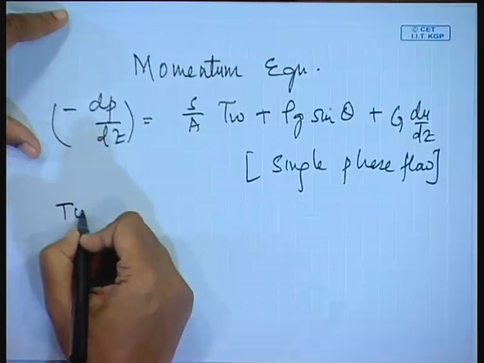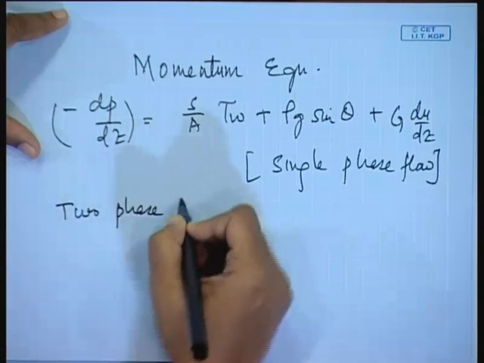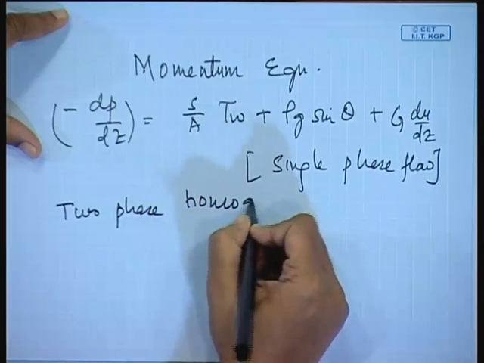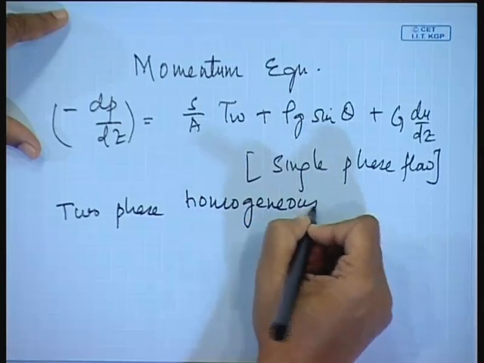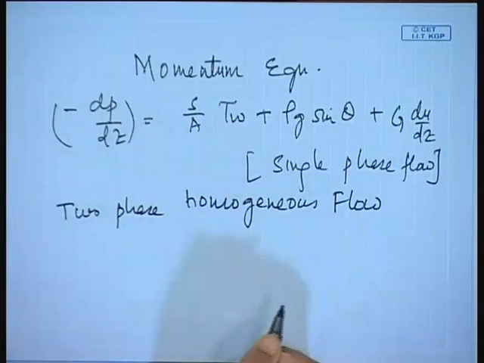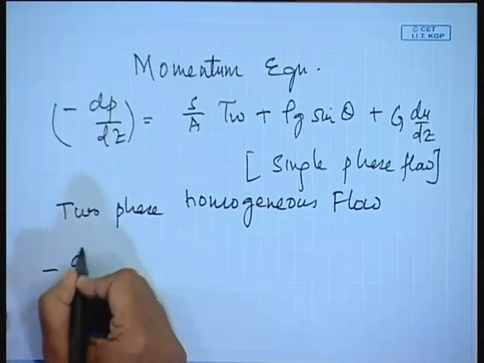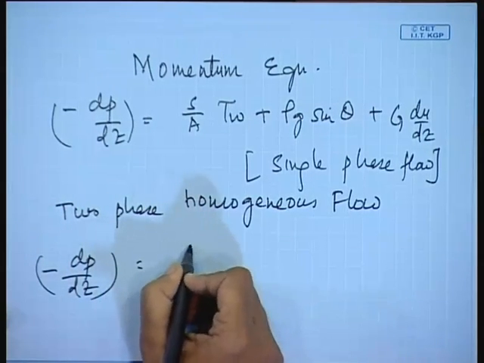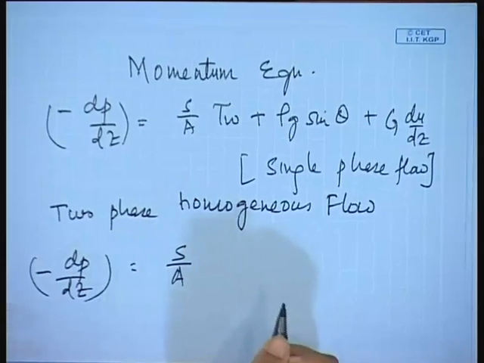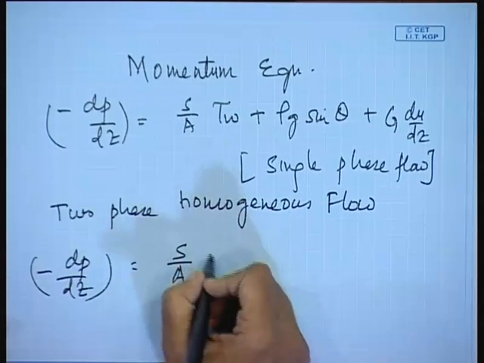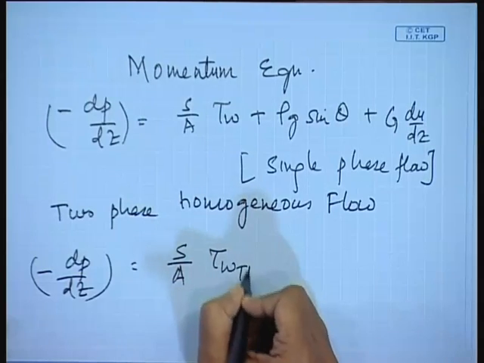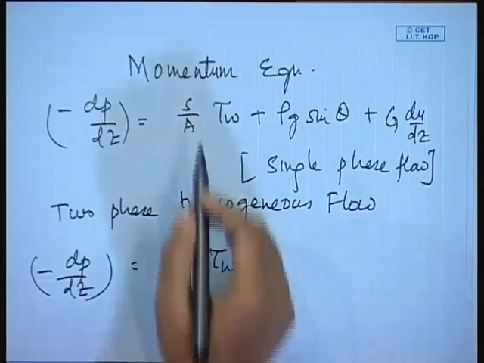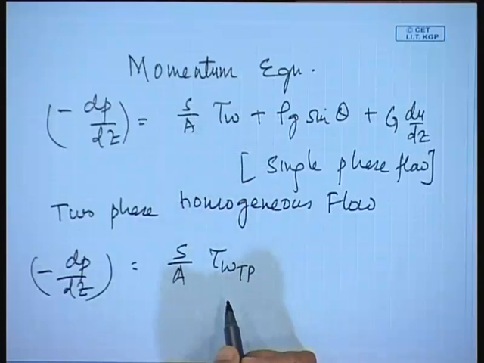Now, for two phase homogeneous flow, what should I write down? Pressure gradient. This will be equal to wetted perimeter by cross sectional area, that is the pipe, so no problem. This has to be two phase, agreed. Now, we cannot say tau W is equal to tau W two phase. Why we cannot say?